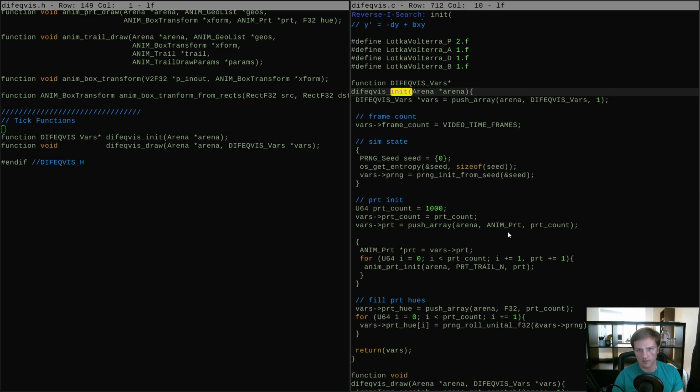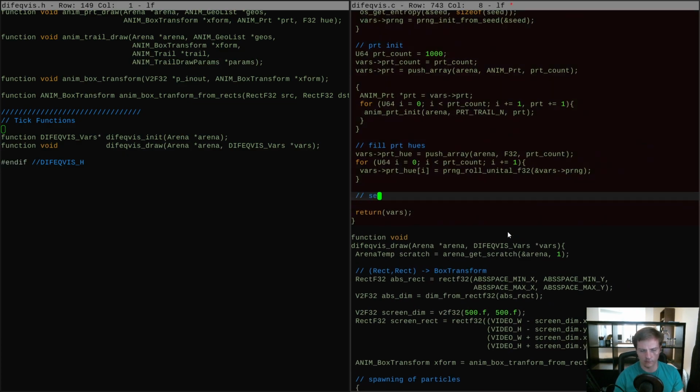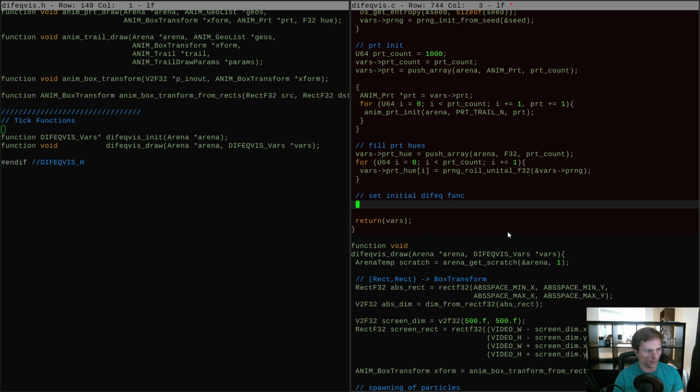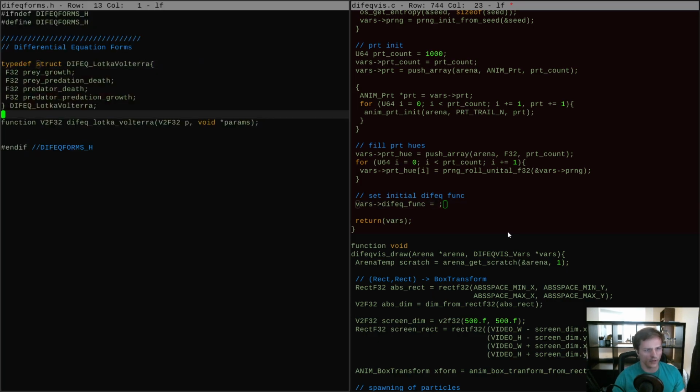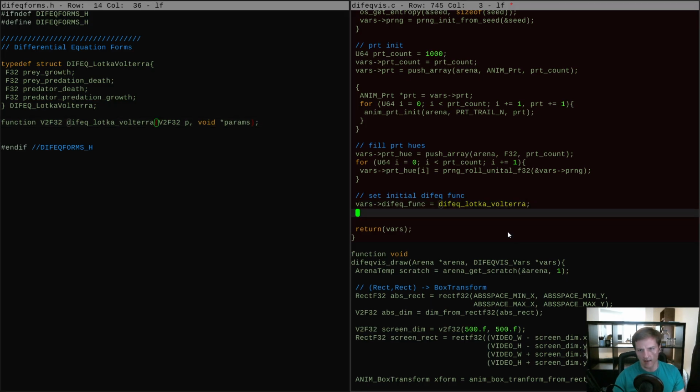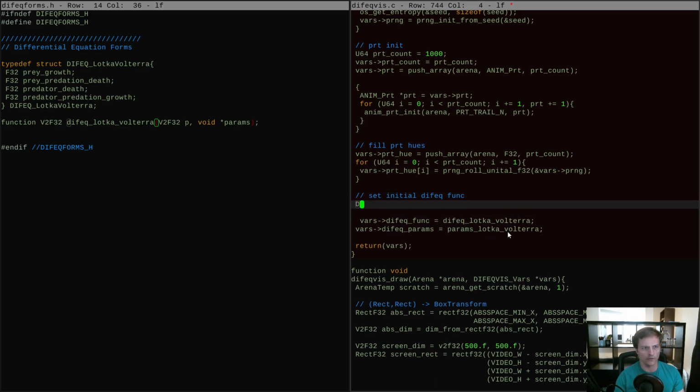And then over here, during init, we're going to do vars diffeqfunc is going to be our Lotka-Volterra function. And for now, we're just going to allocate a Lotka-Volterra parameter block onto the permanent arena.